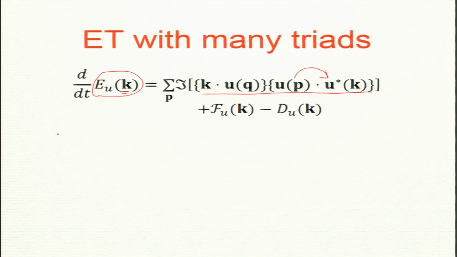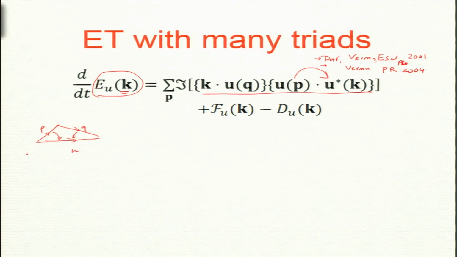Let us use this K notation: K equal to P plus Q, with K, P, Q. So, in one triad we get energy coming from P and Q. This formula was first published in Dar, Verma, Ishwaran in 2001, Physica D, and some more discussion is in the review in Physics Reports, 2004, on mode to mode transfer.